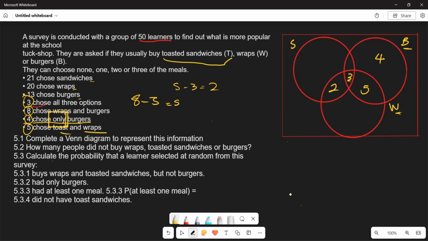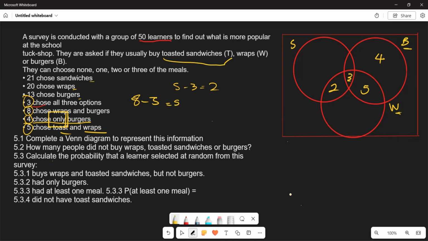Now, let's continue right along. What is it that we are also going to find out? From here, do we have those who chose a sandwich and also a burger, right? This is going to be a rapster and burger, we've done that. So do we have any learners from here who chose a sandwich and also a burger?